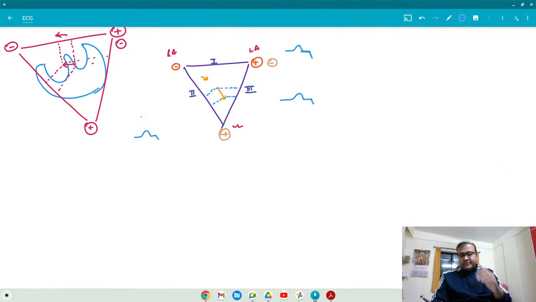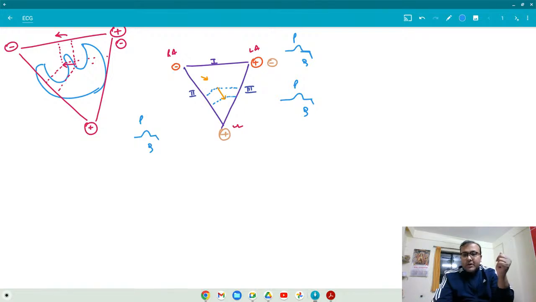All right. So we are clear about the P wave, and about the Q wave. Now we have to think about the R wave, actually the real major ventricular depolarization, like the middle picture that I have drawn.